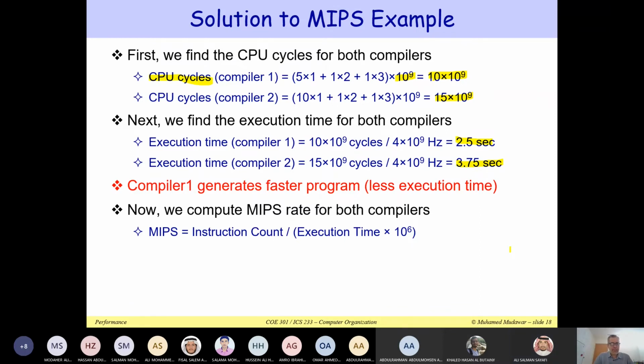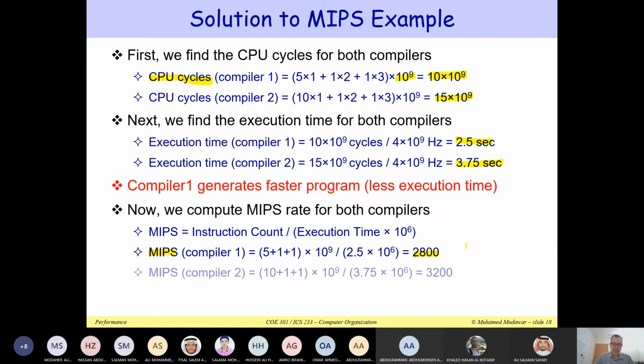What's the execution time? 2.5 seconds. Exactly, just put the numbers. So we have 7 billion instructions executed in 2.5 seconds. If you divide by 1 million, you get 2,800 MIPS. So that's the MIPS rate for the program generated by compiler 1.